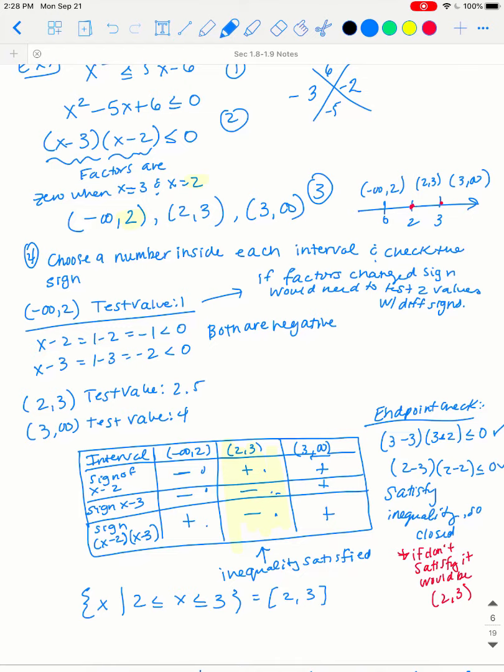Also, if our factors changed sign within the interval between the 2 and the 3 zeros, since our zeros are both positive, we're fine. But say it was like a negative factor and a positive factor, then we would have to test 2 different values with 2 different signs.